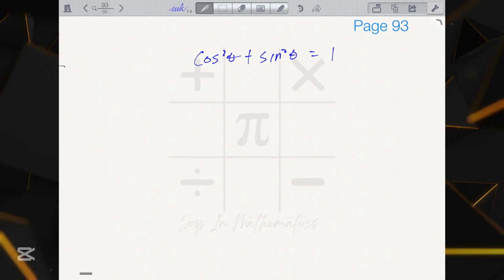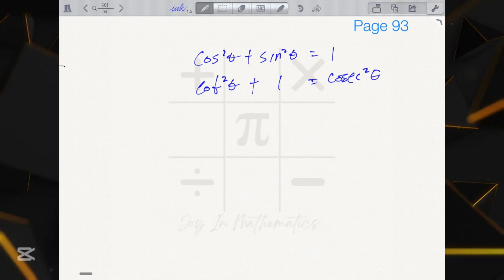And if we divide all through by sine theta, we'll have that cot squared theta plus 1 is equal to cosec squared theta.